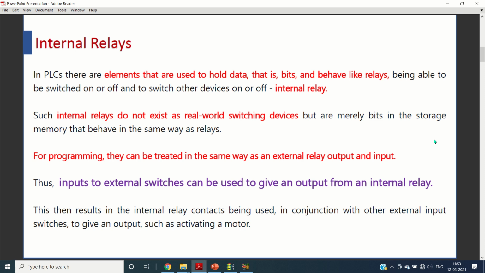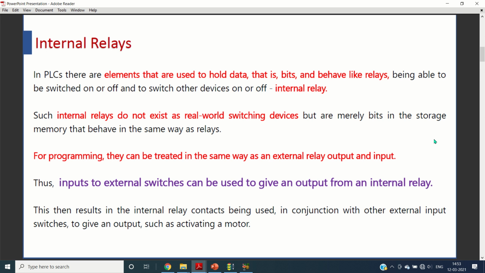Now you see, these are the elements that are used to hold data. Data means I am talking of bits, because it is a single bit thing. So data means bits, bit of data, and they behave like relays.